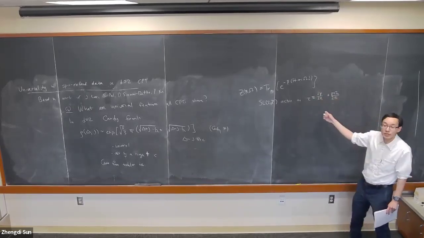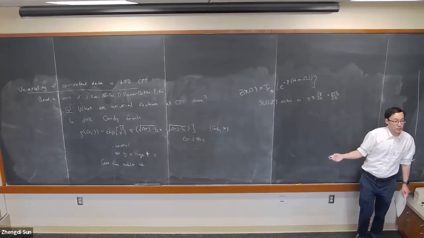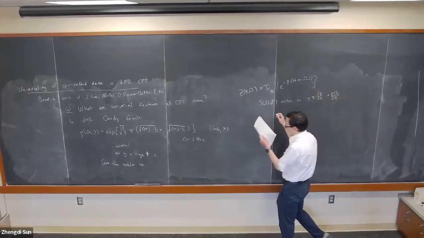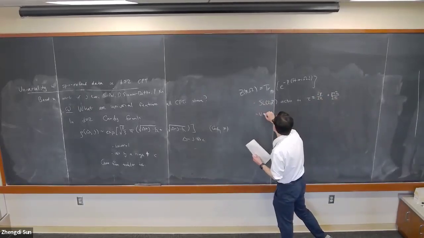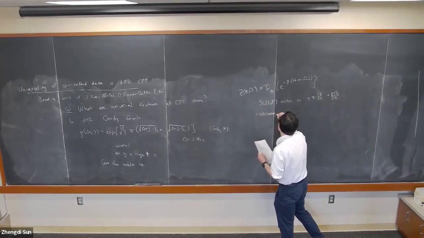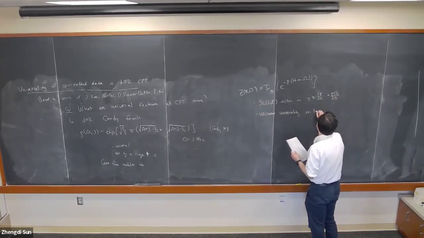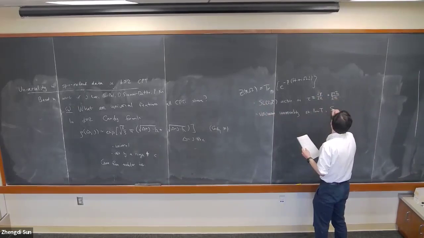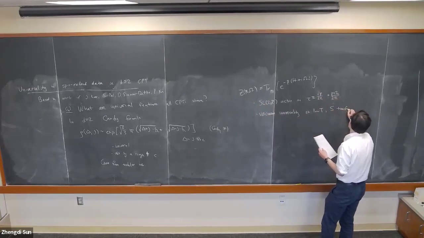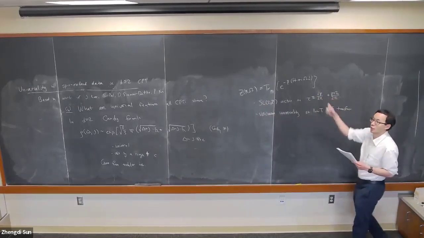At very low temperature, there's some universality coming from the vacuum. At low temperatures, the vacuum has some Casimir energy, which is related to this parameter C. Then you do an S transformation, which is an element of SL2Z, which roughly takes the temperature to 1 over the temperature.